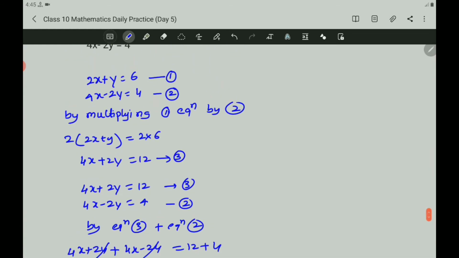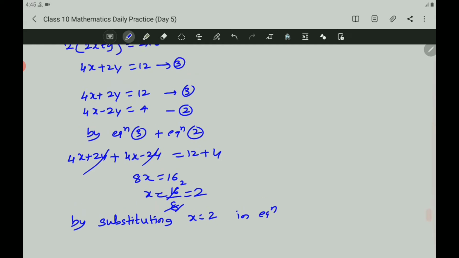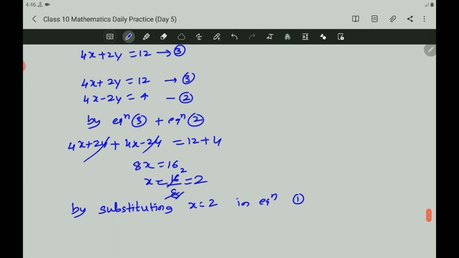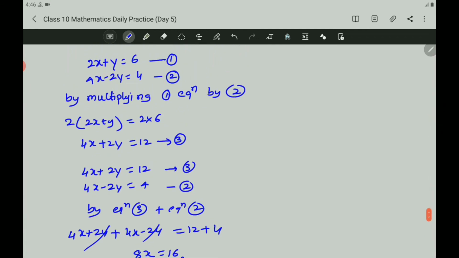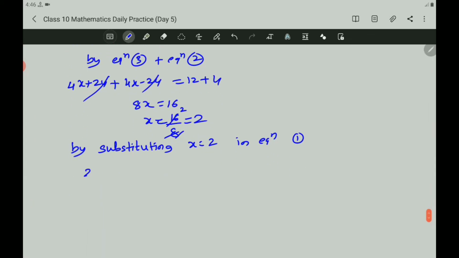And to find the value of y, substitute the value of x in the first equation or any one of the equations. So you write, by substituting x equals 2 in equation 1. What is the first equation? 2x plus y equals 6.